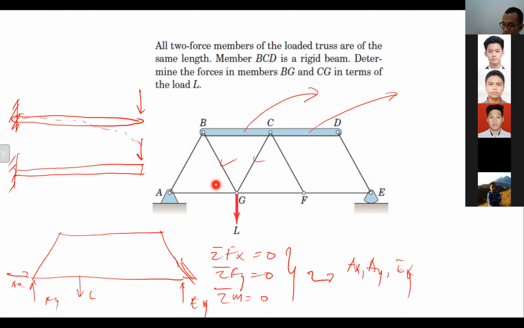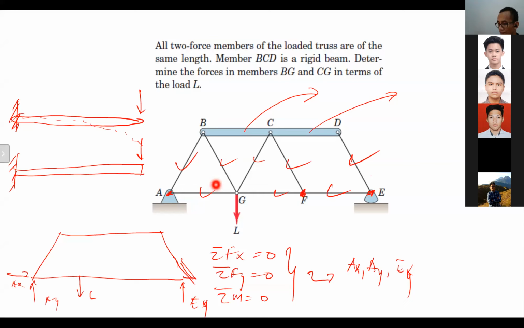After we get all of those, we can solve it using the joint method. We can start from joint A to solve for AB and AG. Then we can solve for joint E to solve for DE and FE. Then joint F to solve for this and this.